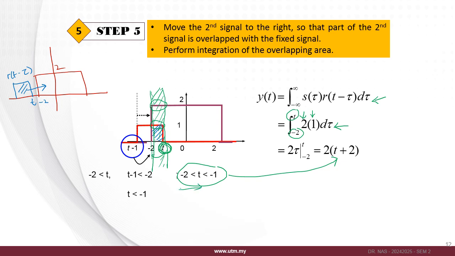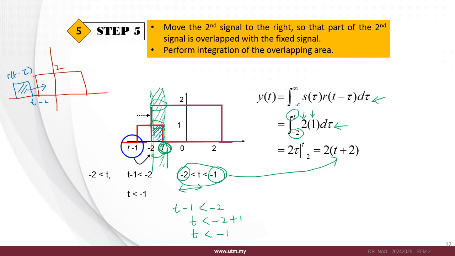When t is larger than minus 2, but t minus 1 is less than minus 2, so t is less than negative 2 plus 1, t less than negative 1. That's why you get t larger than negative 2 but less than minus 1.